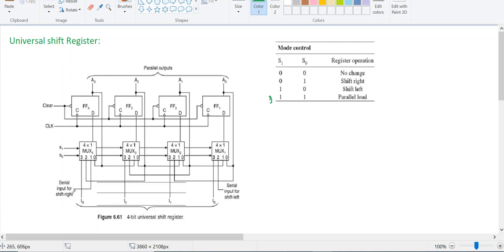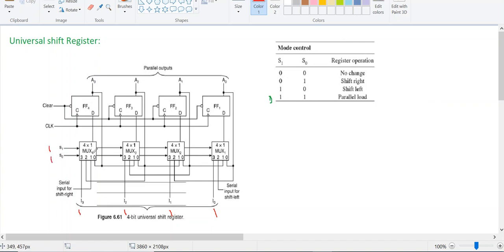Let us have a look. Let us consider my inputs to be 4 ones; you can choose any value. My mode of operation is S1 is 1 and S0 is 1.